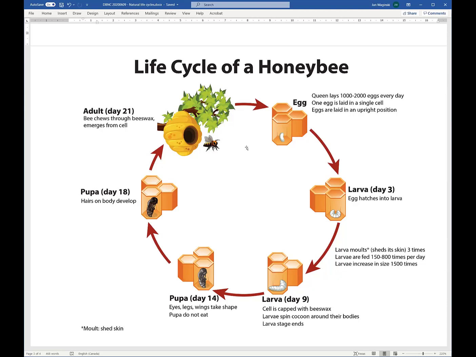Pupa stage, yeah. Egg, larva, pupa, adults. That's a pretty straightforward way to do this. Okay. And then you could subdivide those stages within the body paragraphs. Yes. All right, so let's start talking about it.